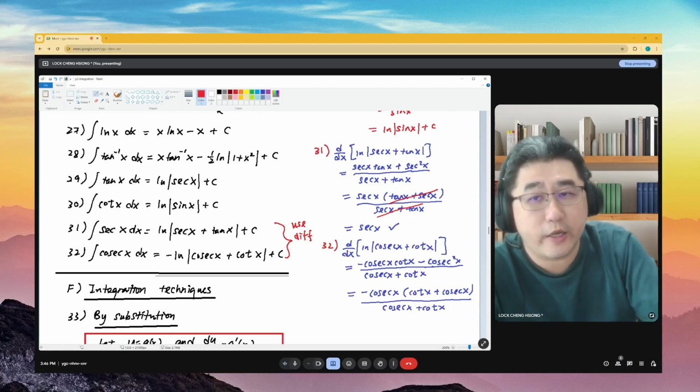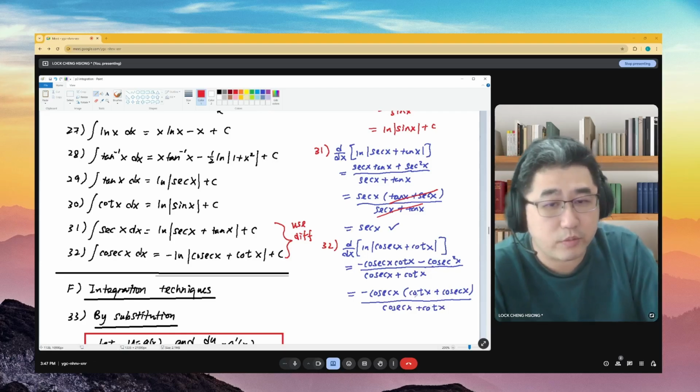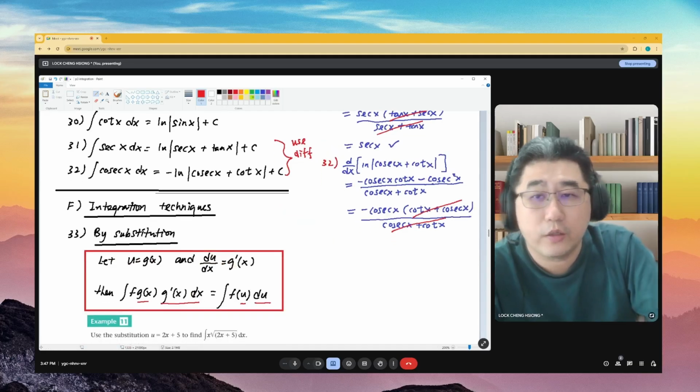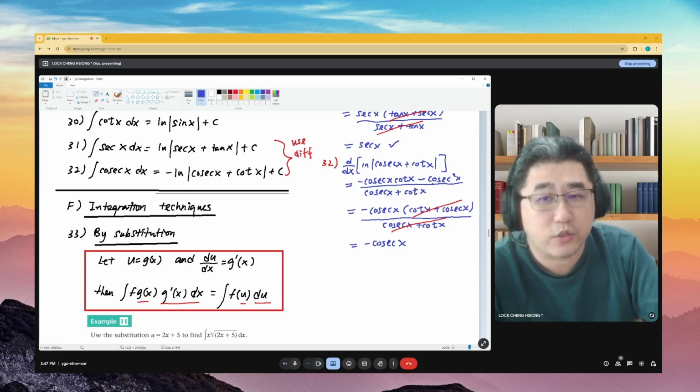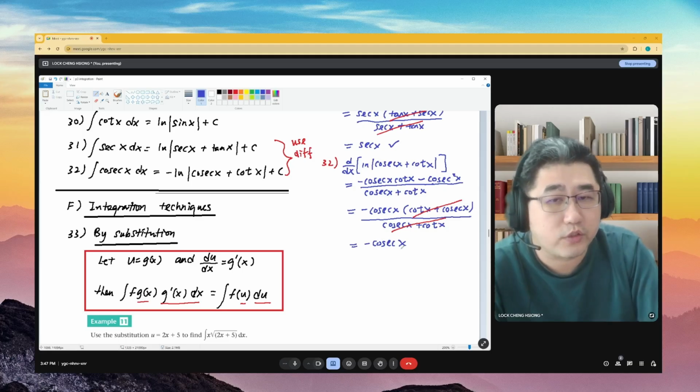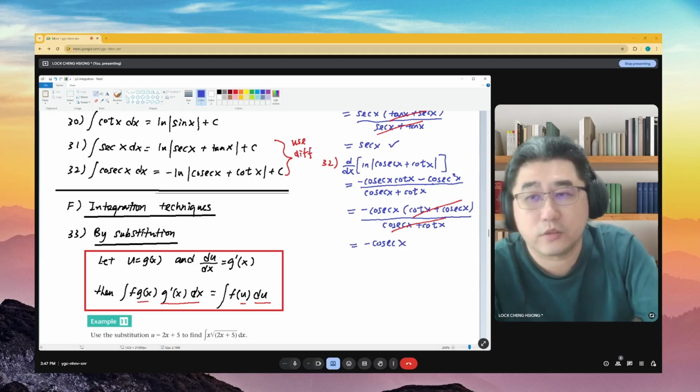You will see that the top and bottom are the same thing, which I can cancel out. Therefore I am left with negative cosecant x. Since we know that integration is the reverse process of differentiation, integrate of cosecant x gives us negative ln of cosecant x plus cotangent x. This is how it works.